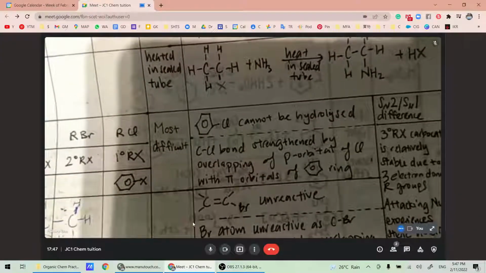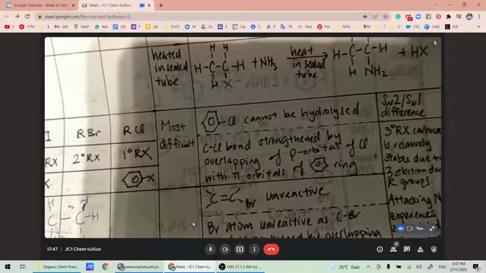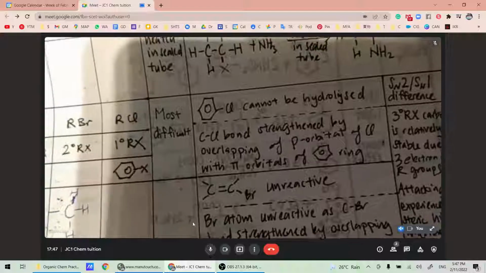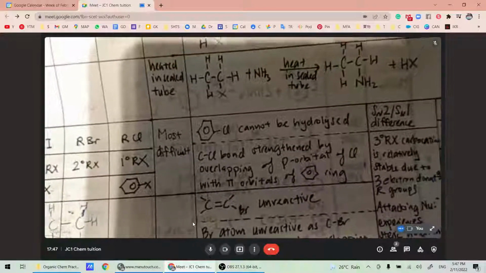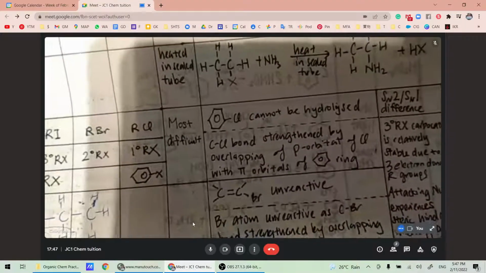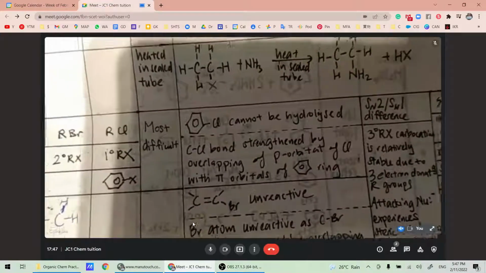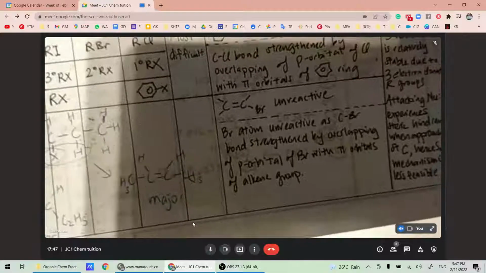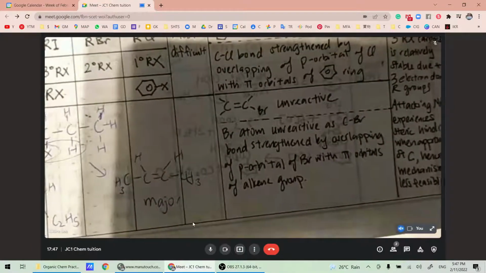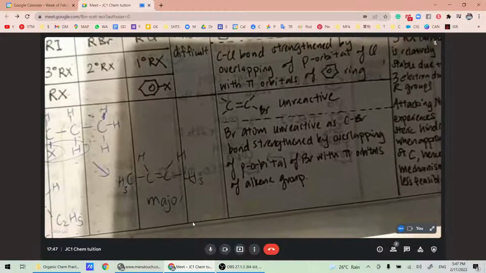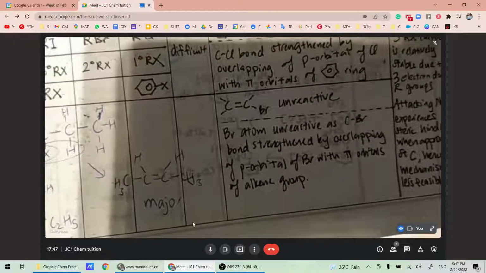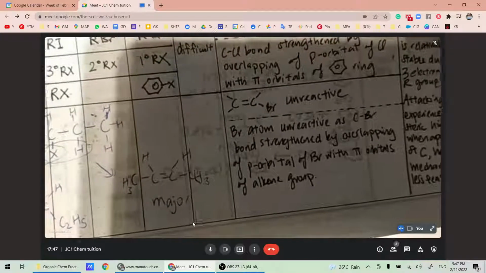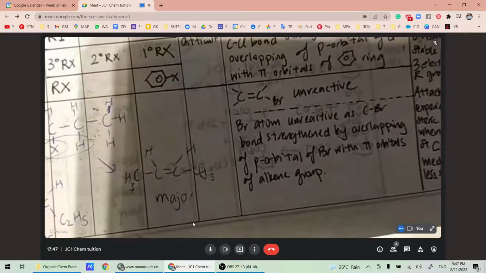So remember the keywords: the overlapping of p orbitals of chlorine with the pi orbitals of the benzene ring, and overlapping of p orbitals of bromine or any other halide with the pi orbitals of the alkene group. This form of overlapping is done through resonance, and this overlapping due to resonance basically makes it difficult for it to hydrolyze.